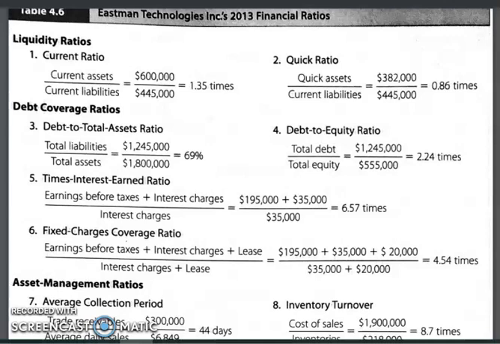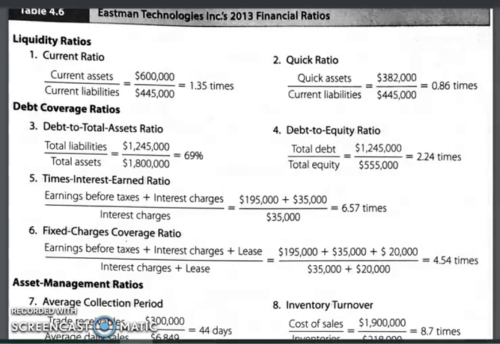You add those together and divide that by the interest charges of $35,000. It's telling us that before we pay the interest, we have $230,000. Divide that by $35,000, and we can pay off our interest charges 6.57 times.